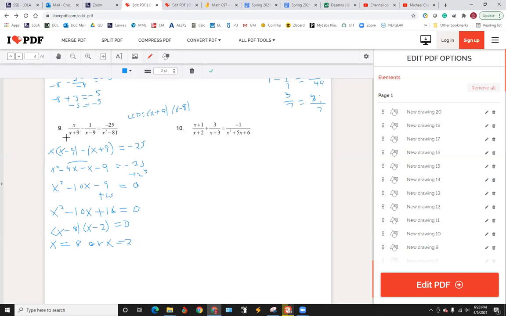Because if you got a +9, it's going to make this one collapse, and it'll make this one collapse because 9 minus 9 is 0 there, and 9 squared is 81 minus 81. Both of them will make this one. So these two are fine. All right, any questions about that?